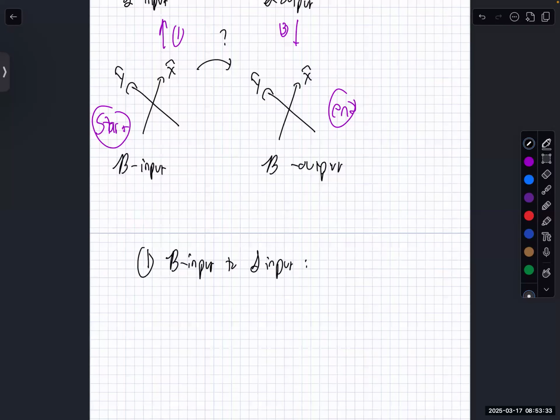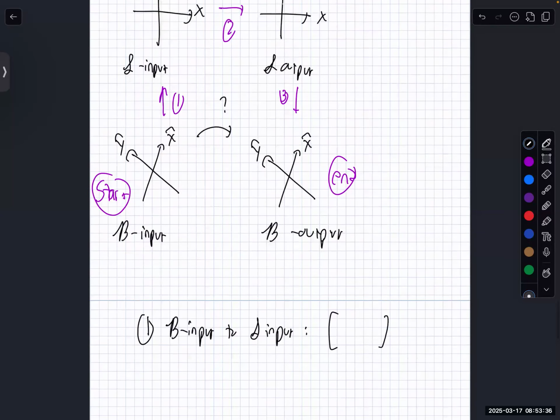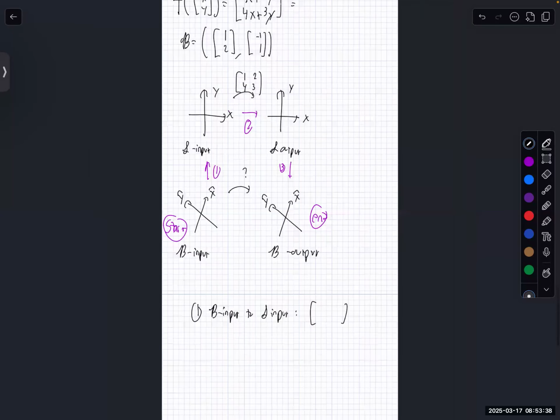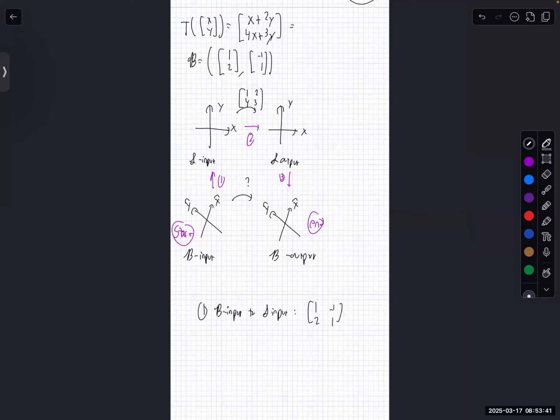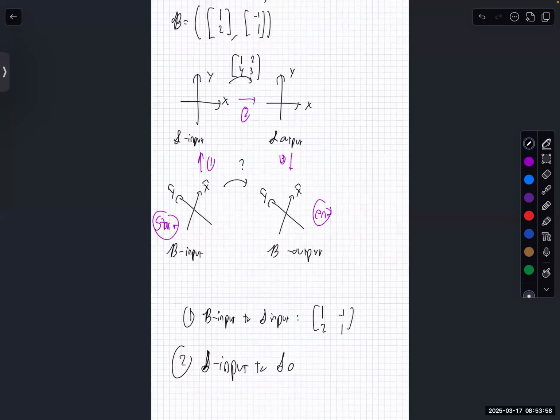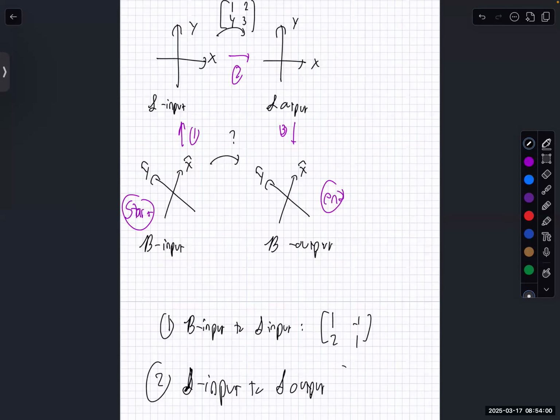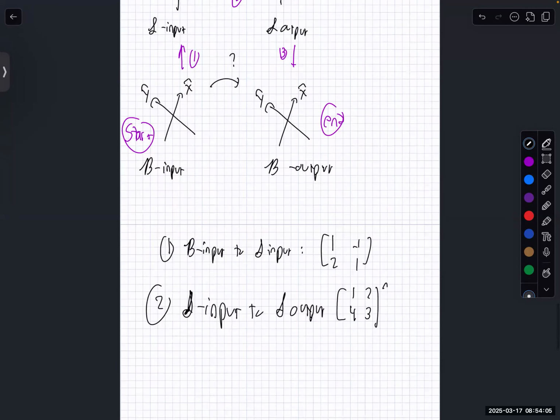And step 1 is to convert our B input to S input. And that's easy. I can just use the basis vectors of B to build my matrix. Step 2, S input to S output. That was given to me as part of the problem.